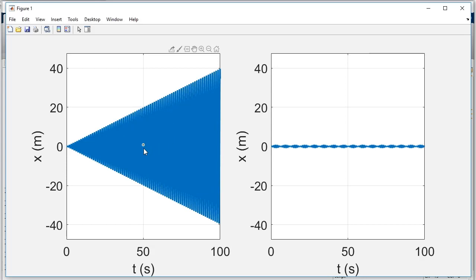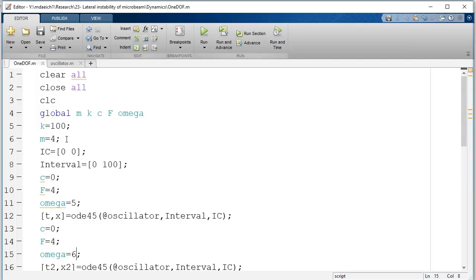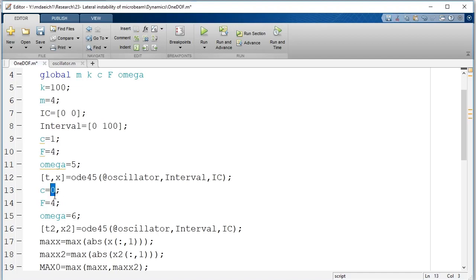So the next step for us would be, for example, we consider the damping and we consider the external force on the system. Now let's just consider both of them together. So let's say, for example, consider again 5 and 6 and just give the same damping here, C equal to 1. And let's solve this.